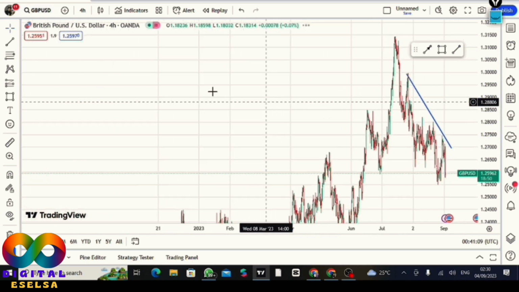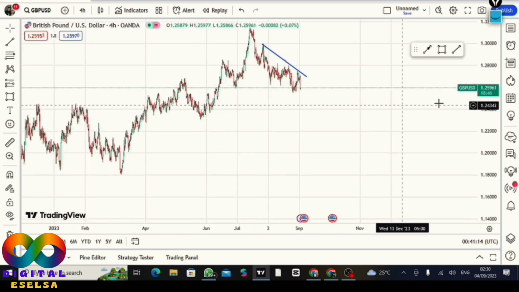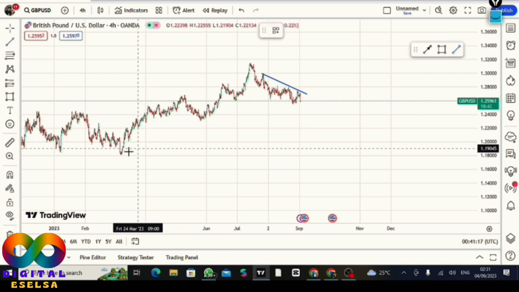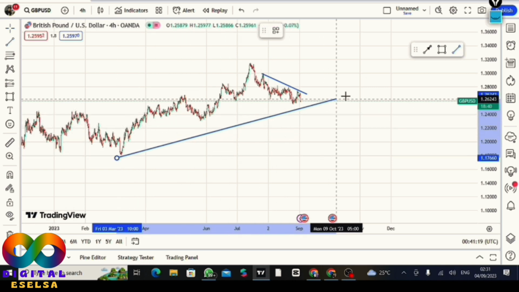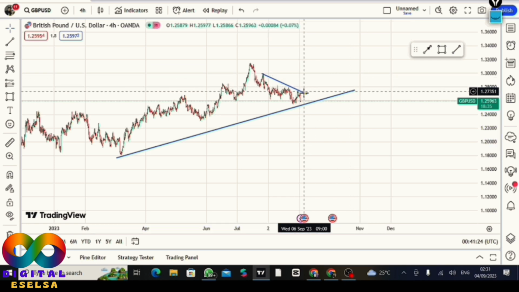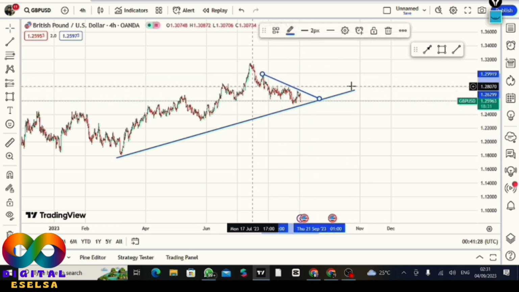Then if we zoom this chart in properly, from this angle, we are also going to notice that there's another trend line at this area, right? This is now forming something like a channel, which is obvious.